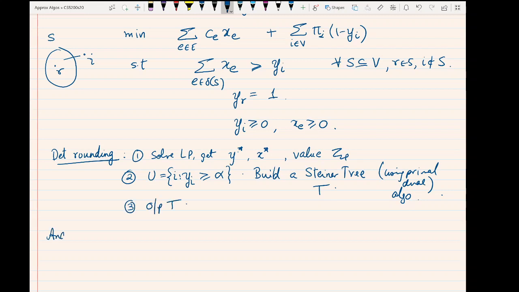In the analysis, we had shown two crucial facts, that the Steiner tree that you so build has a cost that is comparable to the LP connection cost.